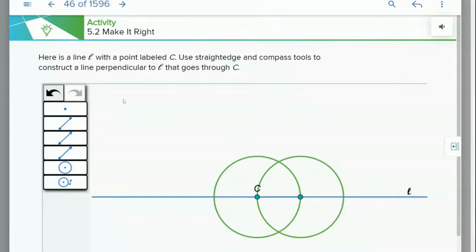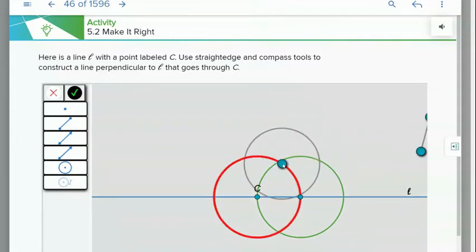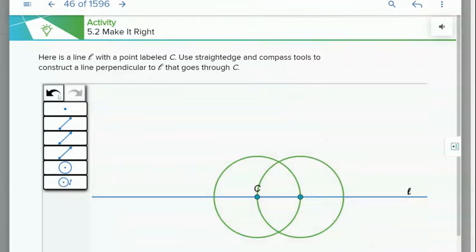And then we have to construct a line that goes through C. Ooh, that's actually the tricky part, right? So what can we do? Can we create a third circle? No, that doesn't help us. What would help us?